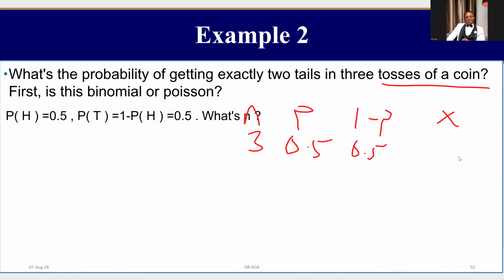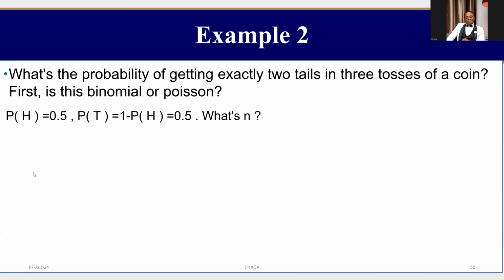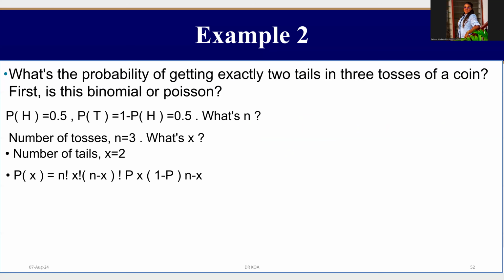So you now substitute all of that into the binomial formula. Substituting them into the formula is not a problem; the key is finding what is what. So let's substitute that into the binomial formula. Remember, it says exactly, so that means you want x equal to 2.